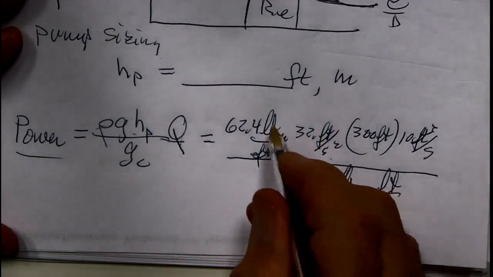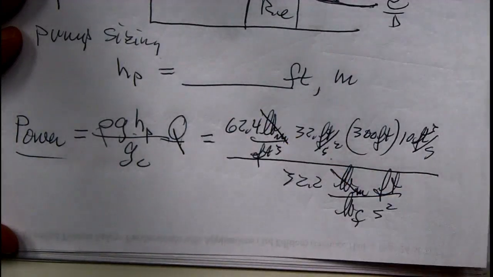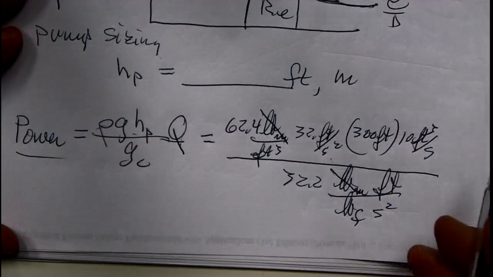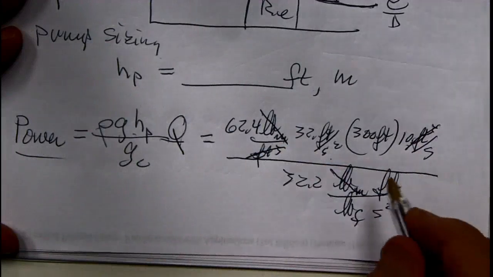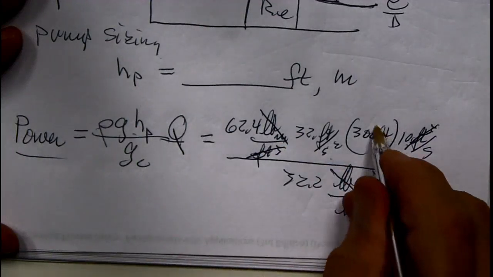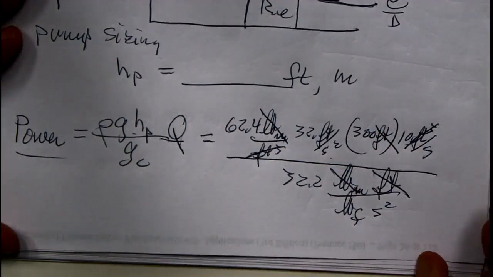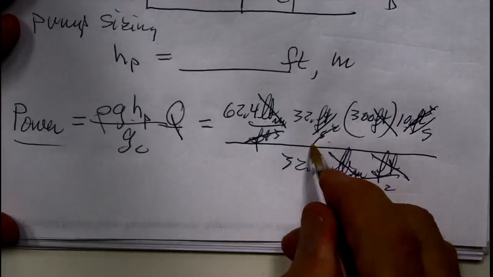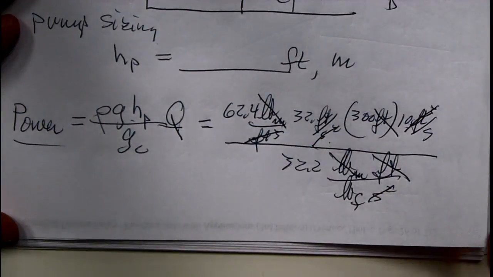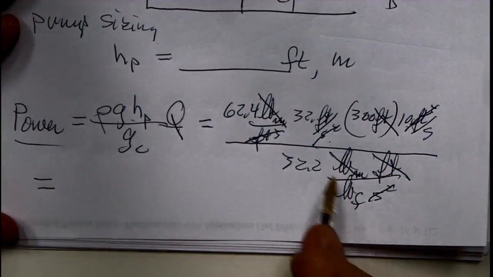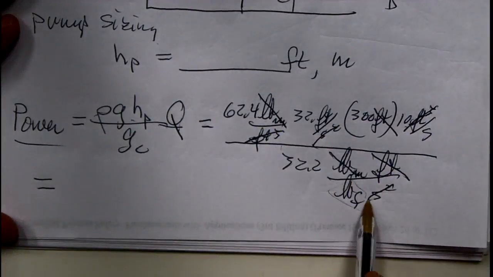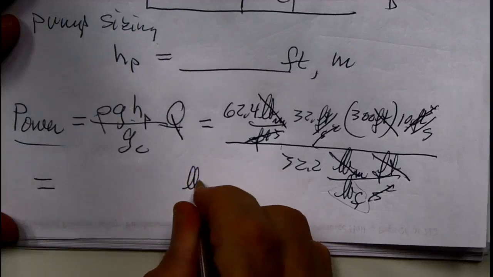So if I go through, pounds mass cancels pounds mass. Cubic foot cancels cubic foot. This foot cancels that foot. This second squared cancels that second squared. And if I look at that, my units, I'll have pounds force, right?